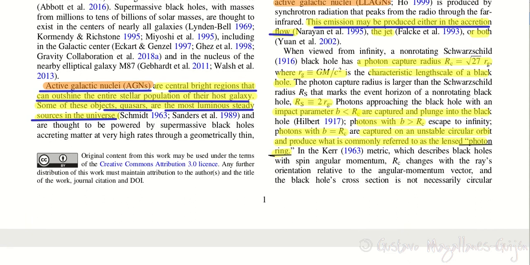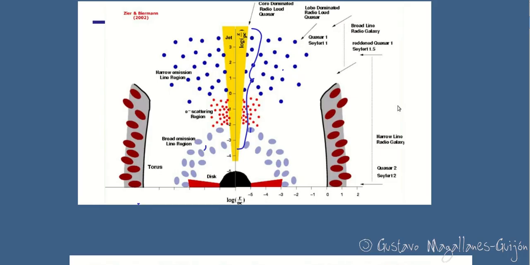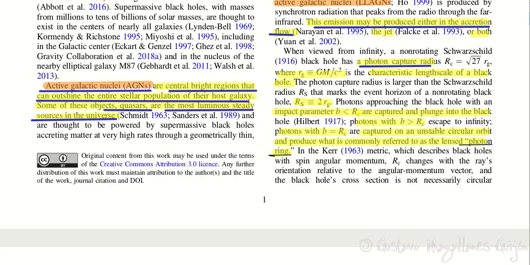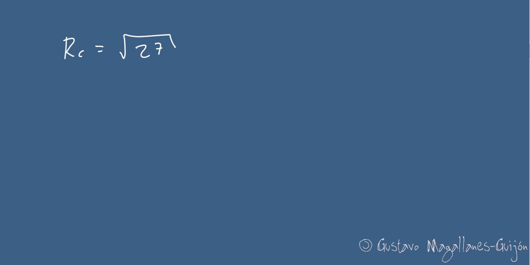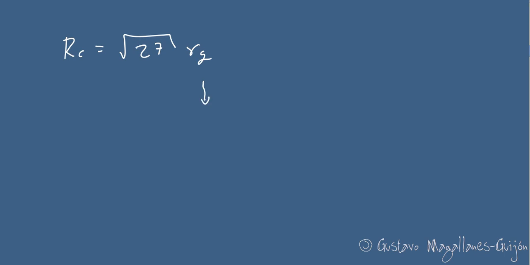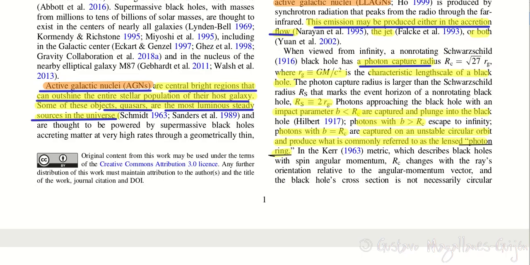And the black hole has a photon capture radius, Rc, which is the square root of 27 Rg, and Rg is the gravitational radius.